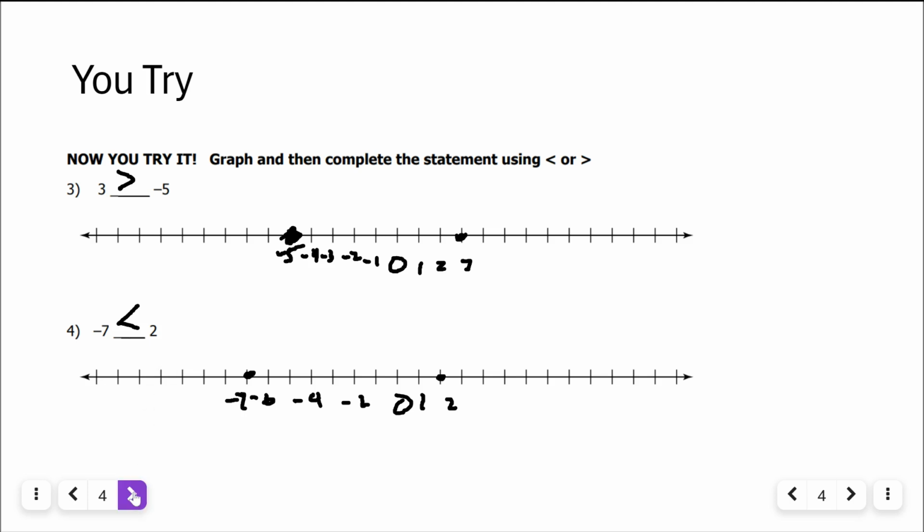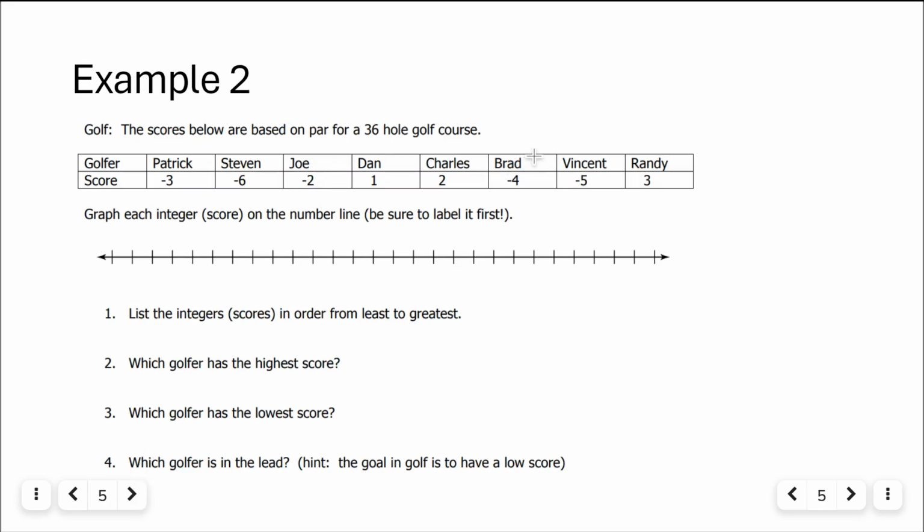Right, so far so good. Okay, so the scores below are based on par for a 36-hole golf course, for those of you who are golfers. Graph each integer on the number line, and we're going to label it. All right, so we're going to have 0, 1, 2, 3, 4. We don't have to go any further than that. And then the smallest number is -6. So -1, -2, -3, -4, -5, -6.